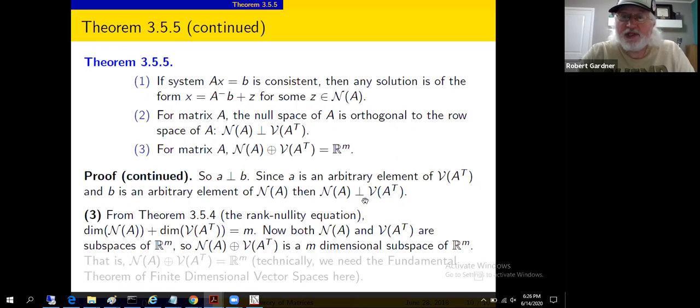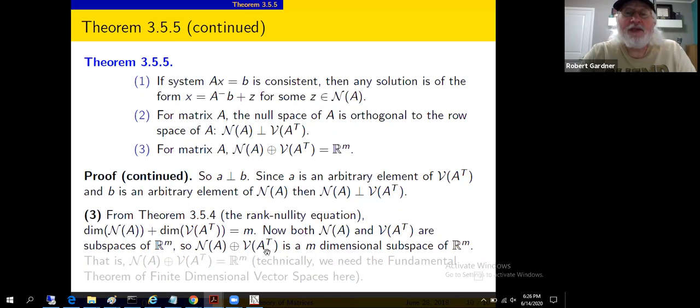When we have these perpendicular spaces, when we have these direct sums, we can calculate dimensions by adding together the dimensions of the pieces of that direct sum.